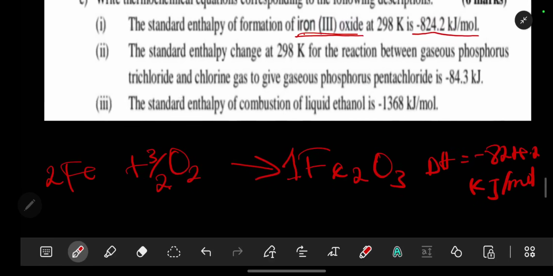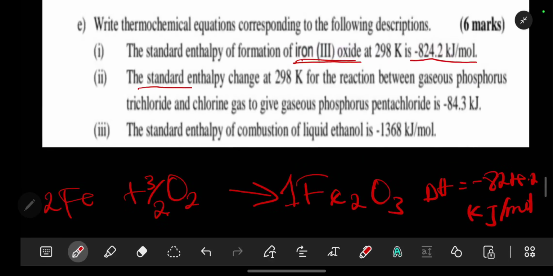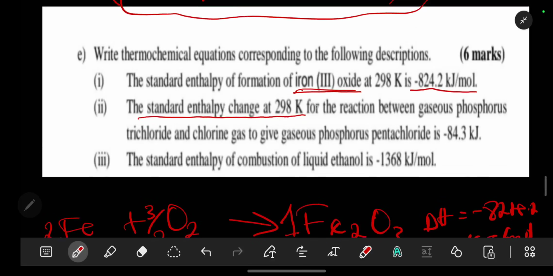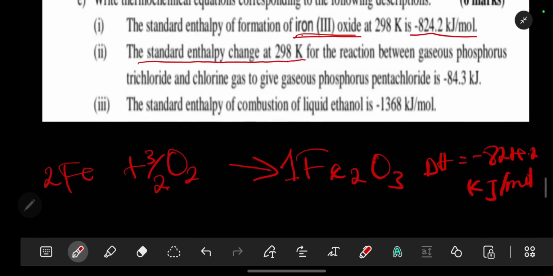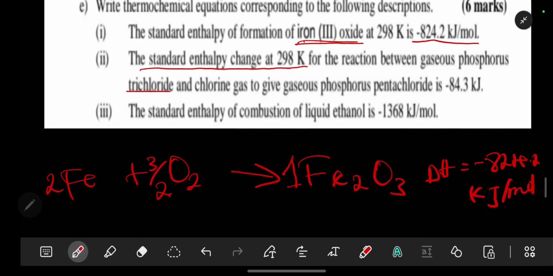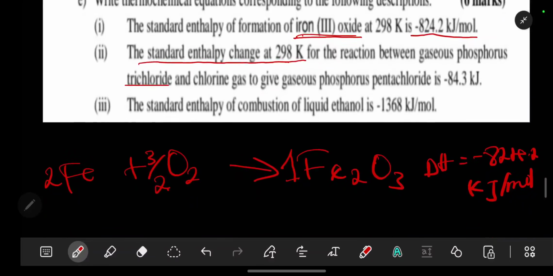Then likewise, even this one, we have the standard enthalpy change at 298 Kelvin. As you can see, this is the standard for the reaction between gaseous phosphorus trichloride, meaning to say there are 3 chlorides, and chlorine gas to give gaseous phosphorus pentachloride. So what are we going to write?